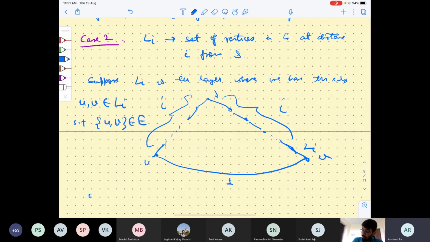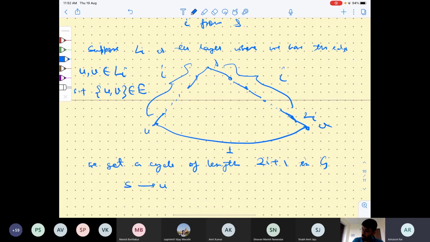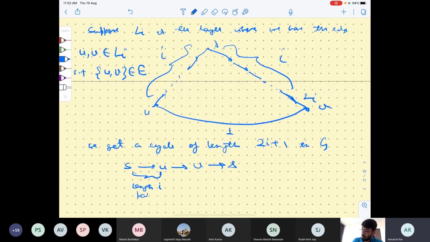So that means we get a cycle of length 2i plus 1 in G, which is S to U with a length i path, then U to V with length 1, and then V to S with length i again.